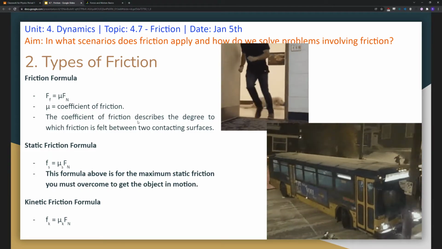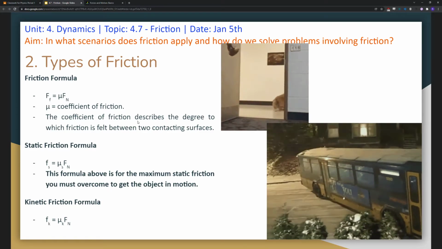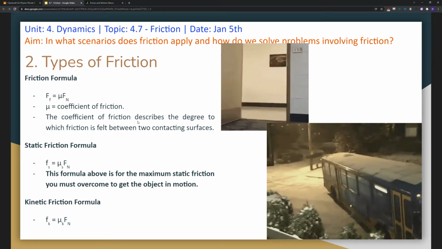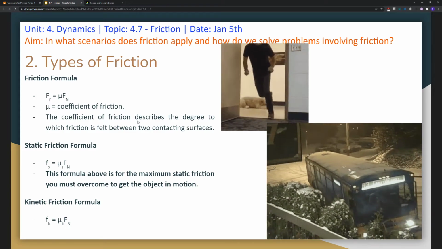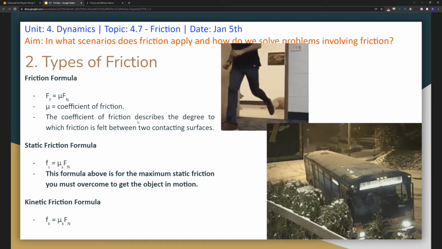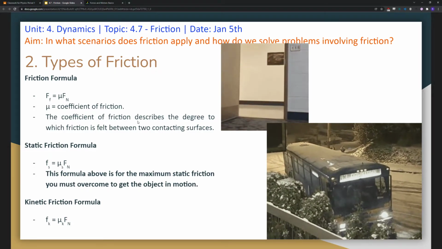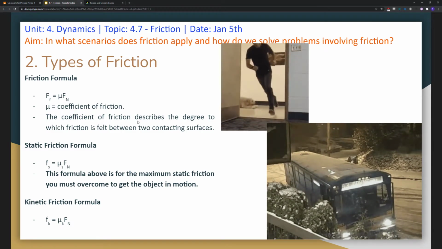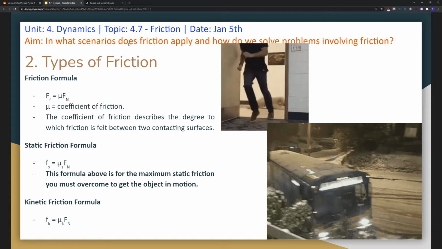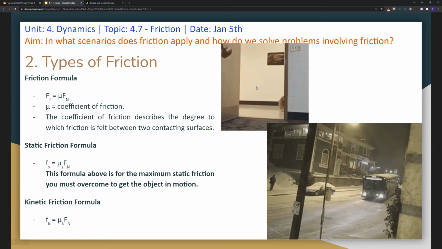The man running clearly has more friction between the shoe and the floor, whereas the dog's paw doesn't have as much friction. So we can say there's a higher coefficient of friction between the shoe and the floor versus the dog's paw and the floor. And these are the two formulas, for static friction and kinetic friction.